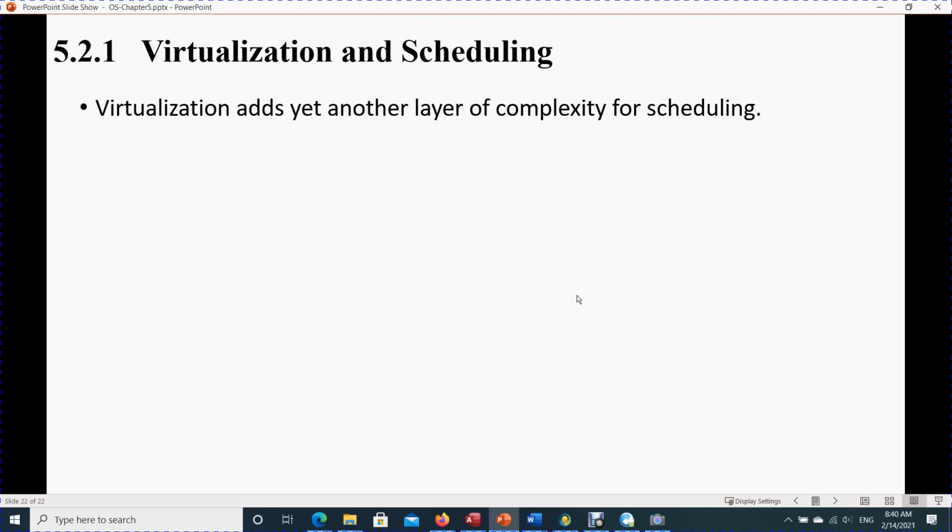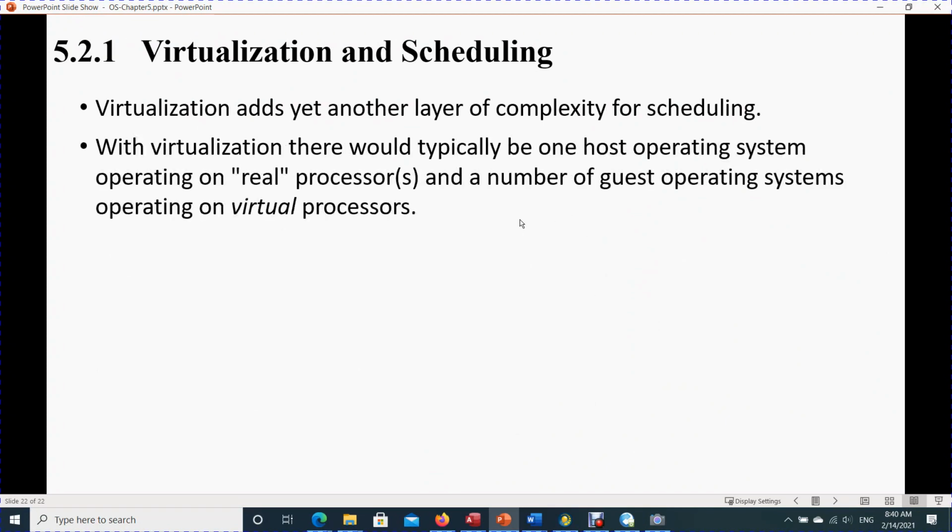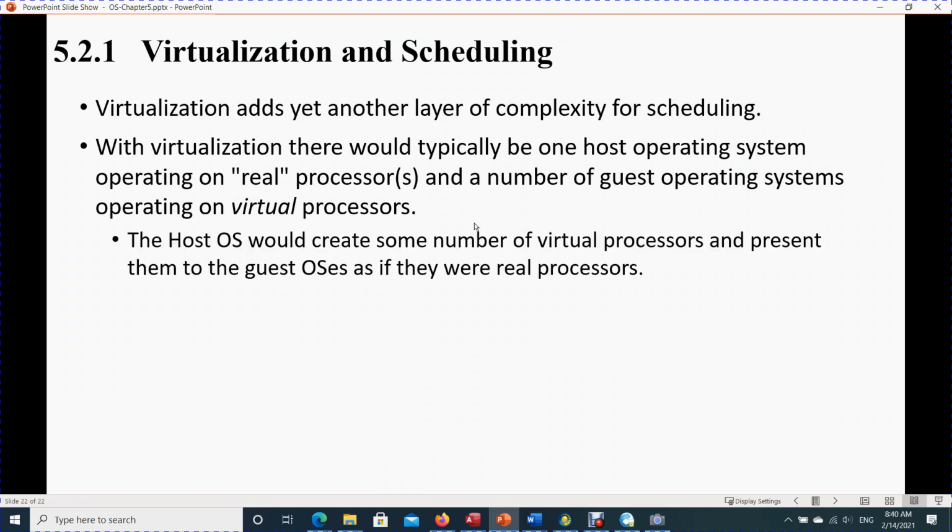Virtualization gives another layer of complexity for processor scheduling. With virtualization, typically you have a host operating system operating on the real processor or processors in the system, but you have virtual processors created and guest operating systems installed to execute on these virtual processors.